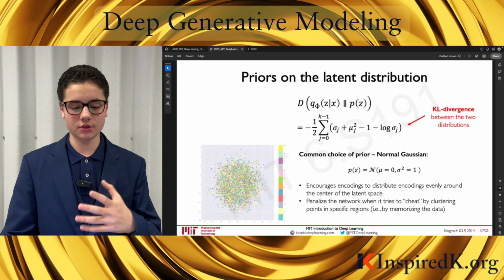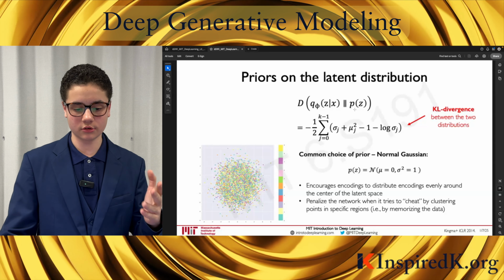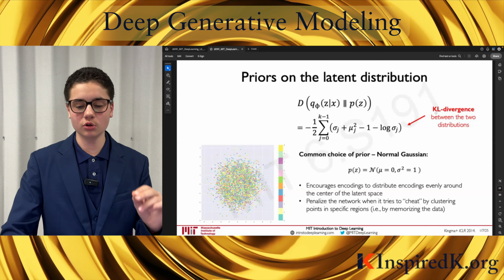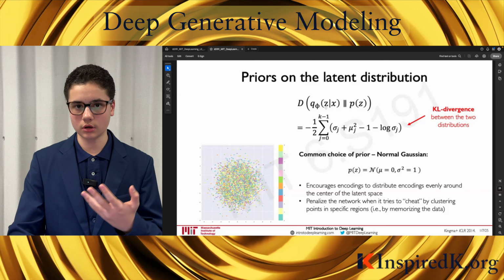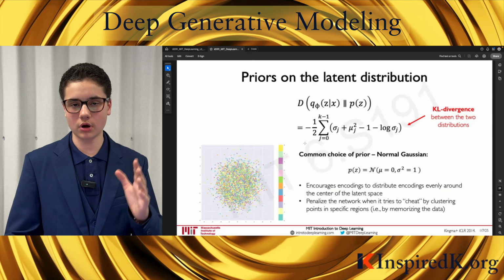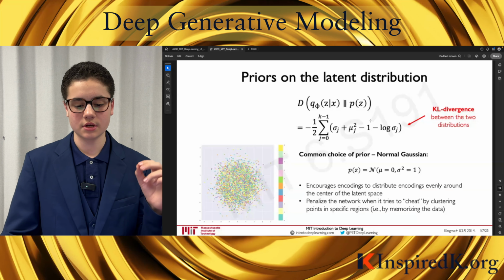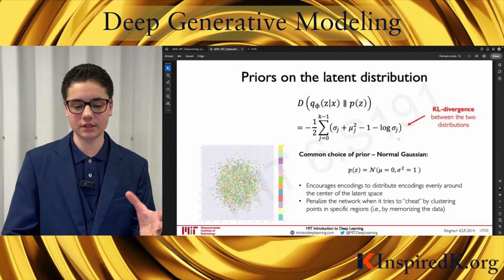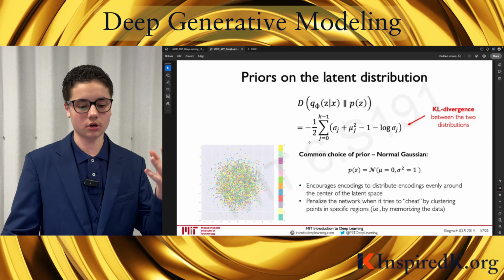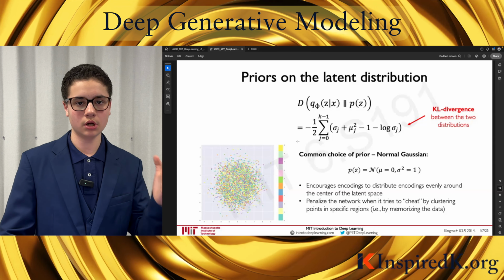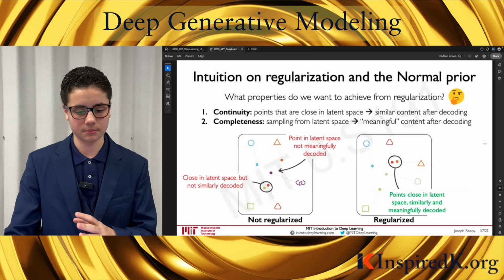And to compute this prior with our reconstruction loss and the regularization term, we can use the Kullback-Leibler divergence, or KL divergence, between our actual latent distribution and the prior. This equation is very complex, and you don't need to understand it bit by bit, but you should understand that this KL divergence value allows us to see how we want our latent space to be most similar to our prior, so that our representation is correctly created.